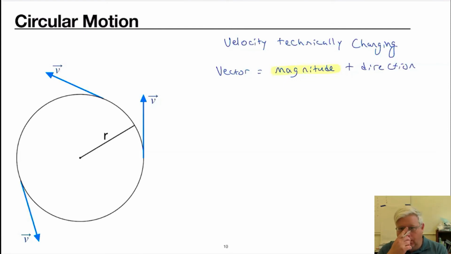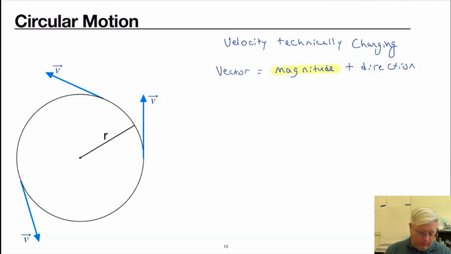And so the reason for this change is that there is an acceleration. Remember, with acceleration, you can have a constant speed, but the direction has to be changing. So what is the acceleration?